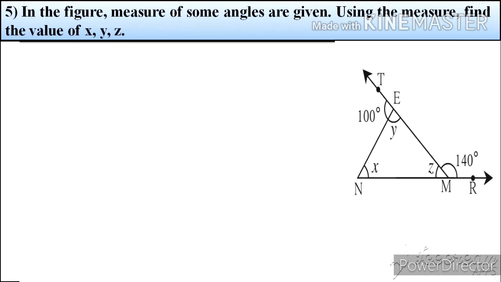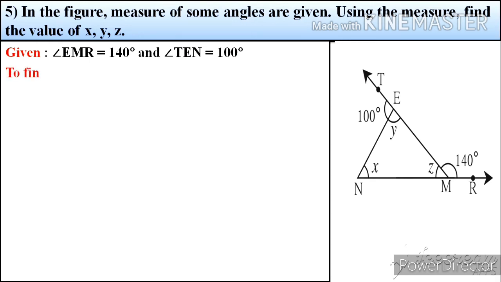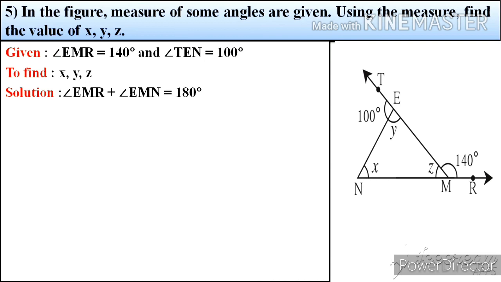Question number 5. In the figure, the measures of some angles are given. Using the measures, find the values of x, y and z. As per the given figure, the information is: angle EMR is 140 degrees and angle TEN is 100 degrees. Here we have to find x, y and z.